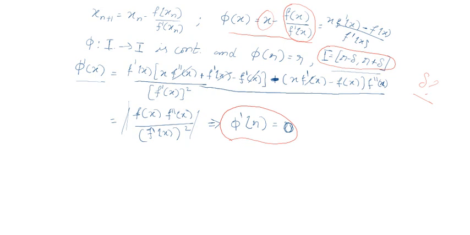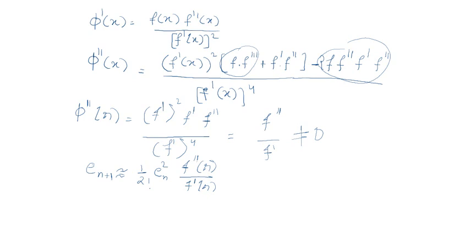Once we have seen that phi dash of R is 0, we inquire about the second derivative of phi at R. You need to differentiate phi dash of x again and evaluate at R. We use abuse of notation here because x is now a silent variable. Evaluating at R, we get the ratio of f double dash at R divided by f dash of R, which is non-zero, because f dash of R is non-zero and f second derivative of R is also assumed non-zero, since R is a simple zero of f.